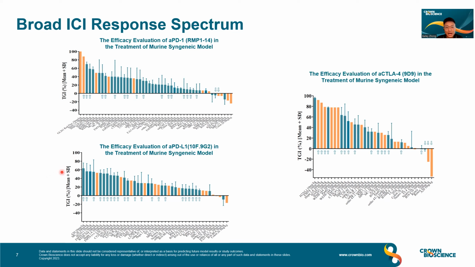So we tried the classical immune checkpoint inhibitors, including PD-1, PD-L1, and CTLA-4 on our syngeneic cell line derived models. We realized the 12 popular models indicated by these arrows have very different levels of tumor growth inhibition after treating with the 3 different checkpoint inhibitors.